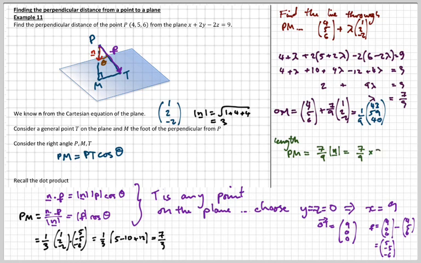So it's 7 ninths times 3. So the length from P to M is 7 thirds using this method. It's just a different method. Okay, so we get the same answer as we did previously, but it's nice to have these two methods. So these are the two methods for finding the perpendicular distance, or the shortest distance, from a point to a plane.